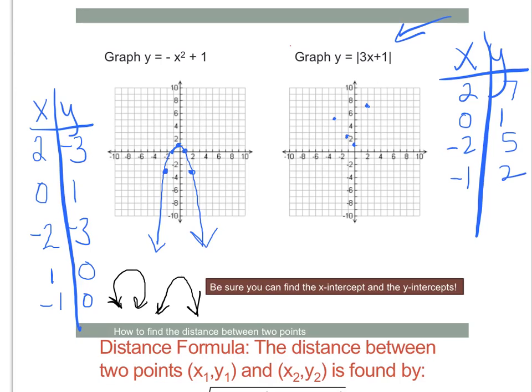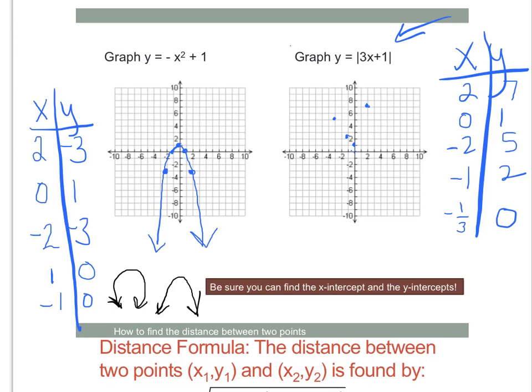Now, this point you probably wouldn't have thought to try, but try -1/3, just because I said to. Okay, if x is -1/3, 3 times -1/3 is -1, plus 1 is 0, absolute value is 0. So -1/3, comma 0. Did I plot my 2, 7 correctly?